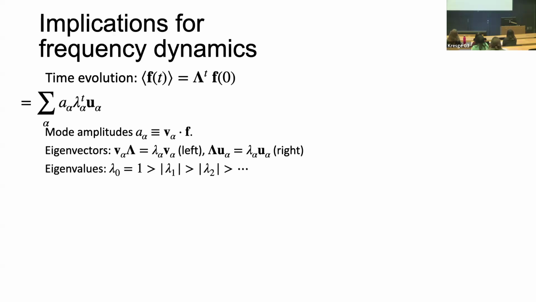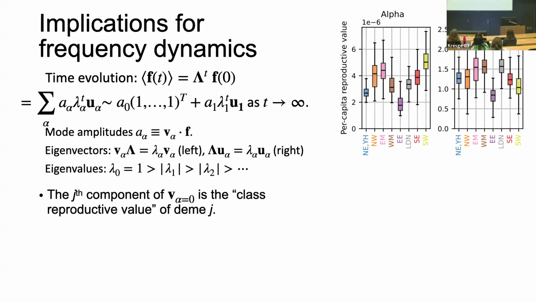The reason for all this math is really just looking at the eigenvalues and eigenvectors of this matrix and realizing it's dominated by the leading ones. What do we learn? There are two things you can learn here.